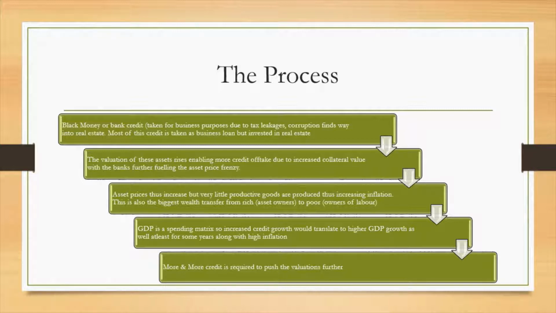Now, certainly, if there is going to be a lot of credit, a lot of money coming into the economy, there is going to be more spending in the economy. The more spending means some of it can be accounted for by higher inflation.